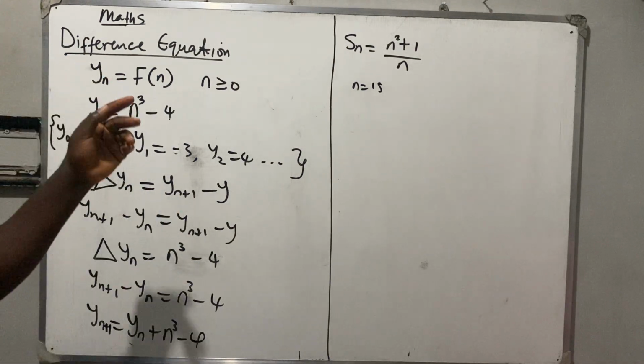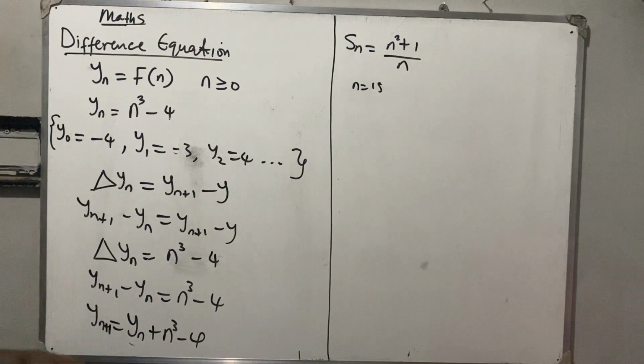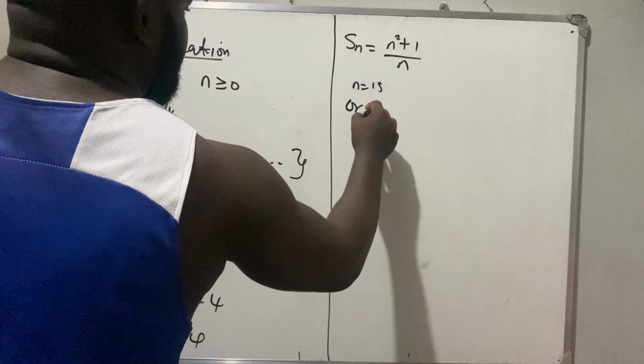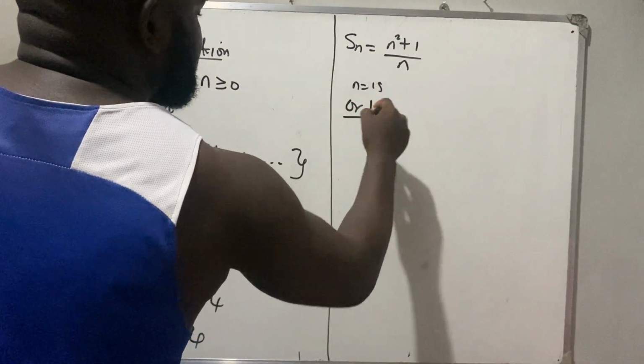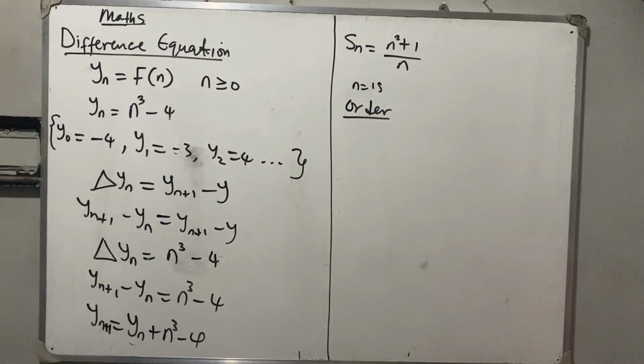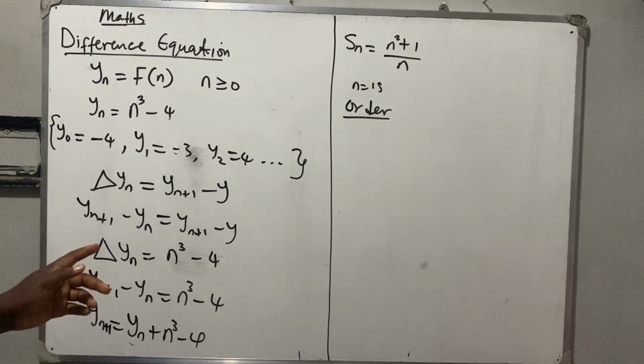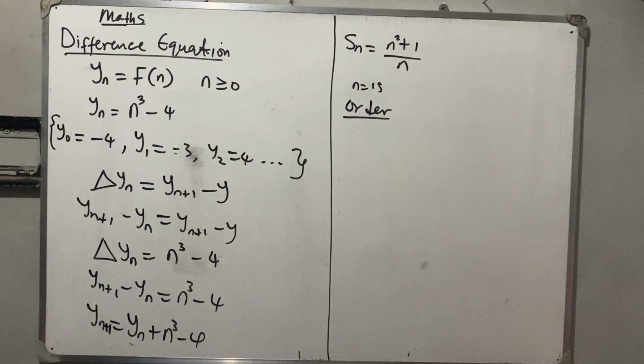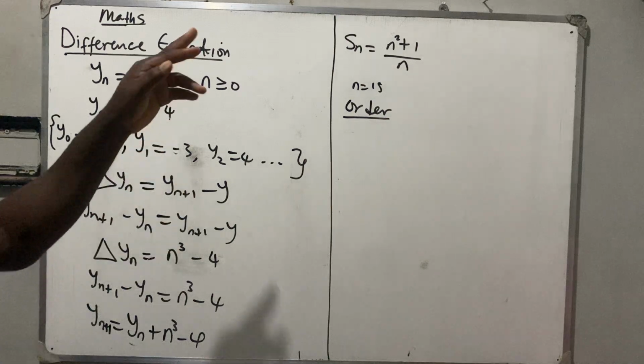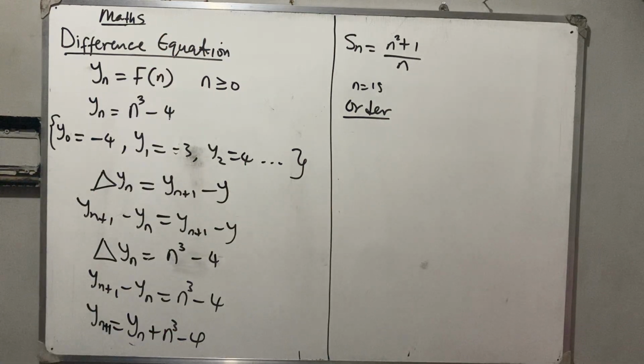Now, in a difference equation, remember we are still talking about the difference between them. To get the order of a difference equation, the order is simply the difference between the highest argument and the lowest argument, or the difference between the highest independent variable and the lowest independent variable.